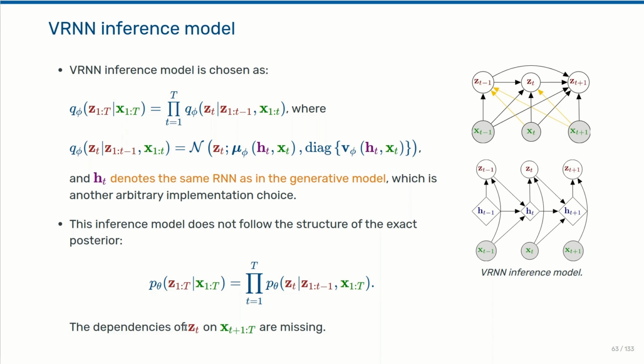So the dependencies on the future observations are missing, and this is why we put them in gold in the figure. In other words, there should have been in the implementation some sort of bidirectional RNN, or at least some sort of backwards RNN that would take into account the future observations as well.